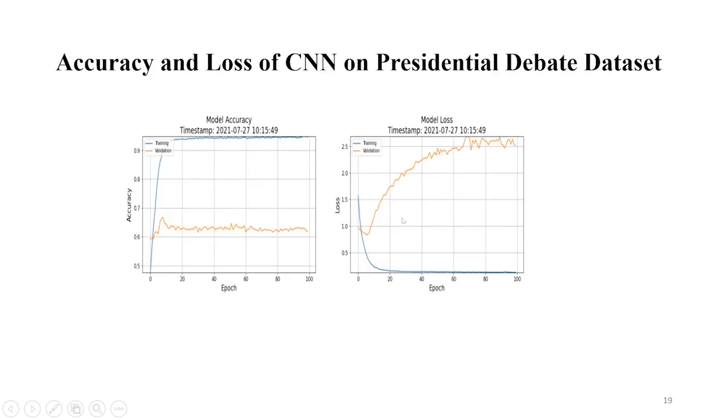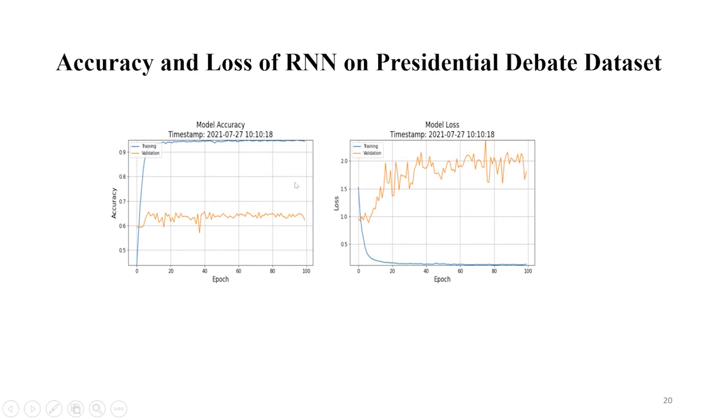So here is the accuracy and loss of CNN on the presidential debate data set. Its accuracy is around 65% and loss is comparatively high. In the case of RNN also, loss is comparatively high and accuracy is around 65%.